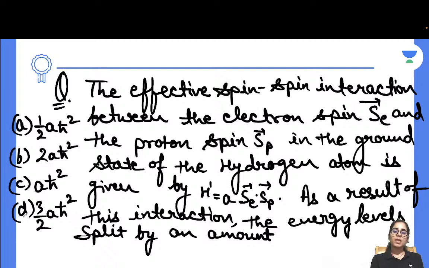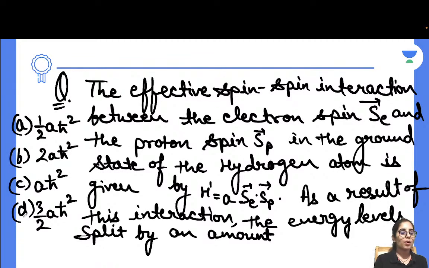Again, you can see it's Se.Sp present here. So from where will we start solving it? Se plus Sp, and then it's a square. And Se plus Sp will be your total spin or net spin S, which can have the values 0 or 1.